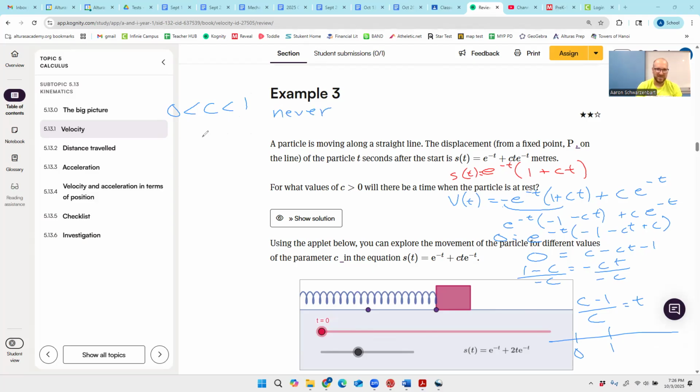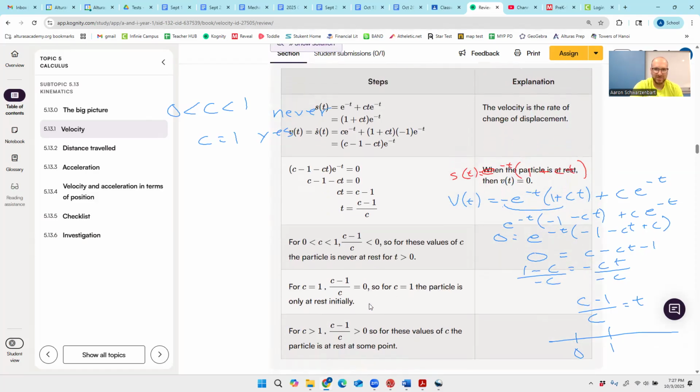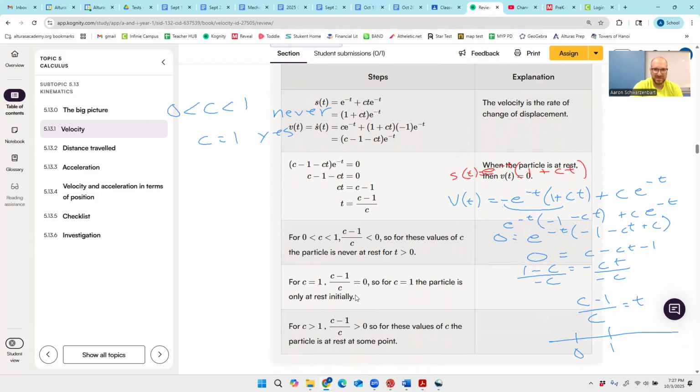For c equals 1? Yes. For c greater than 1, say 1.1 minus 1 over 1.1, no. So if we look at the solution, we can see it is only at rest initially when c equals 1. When you're looking at values of c greater than 1, the time is always greater than 0.